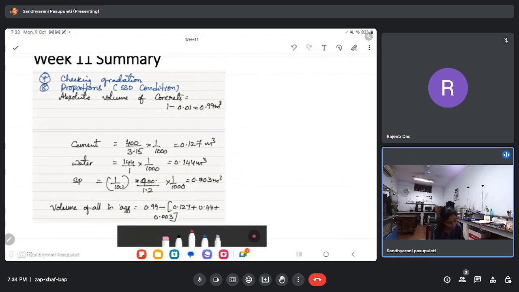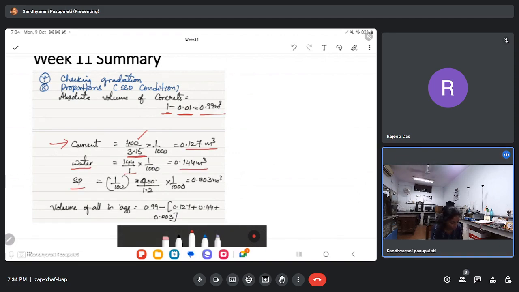How do we calculate? First, let us calculate the absolute volume of concrete. Out of 1 meter cube, we have to remove the air, whatever is entrapped. Then the remaining 0.99 would be the absolute volume. Let us calculate the volumes of cement, water and superplasticizer. Cement, we know, is 400 kg per meter cube. When we divide it with the specific gravity, we get the volume. In the same way, for water, when we divide with the specific gravity, we get the volume.